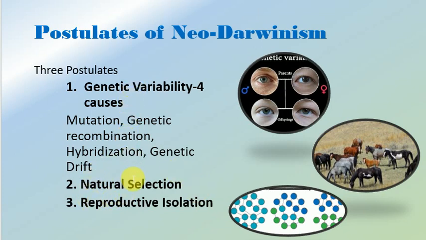And to reduce the chances of production of organisms with similar characteristics, what do we have to do? We have to isolate the organisms with similar characteristics, and that is known as reproductive isolation.